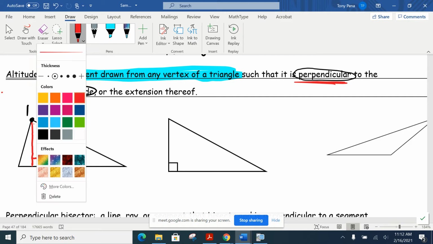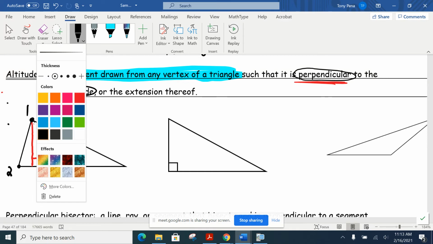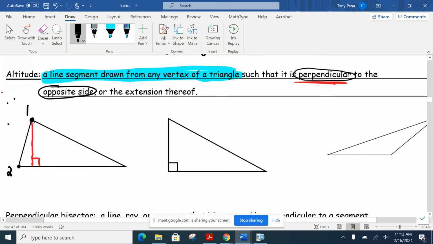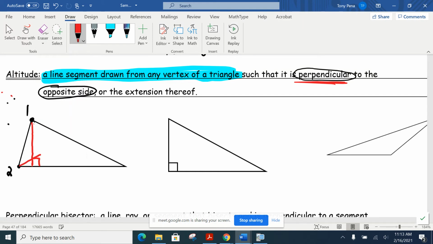However, we should be able to draw this from any vertex. So go to this vertex here. Try to draw a line to the opposite side, so this side here, in a way that when it hits the other side, it's going to form a 90-degree angle with that side. So if I draw in this here, does this appear to be a 90-degree angle right there?